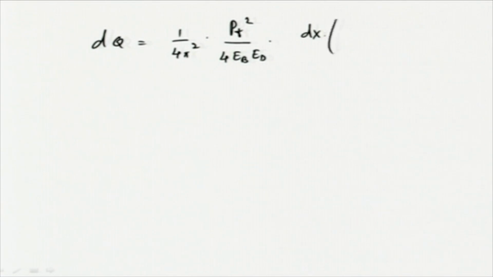Okay. Now, dQ is 1 over 4 pi squared, p_f squared over 4 E_b E_d, right, and dp_f is now dx into E_b E_d over E_b plus E_d.